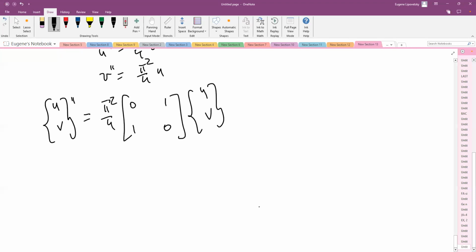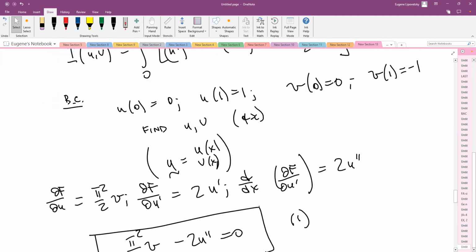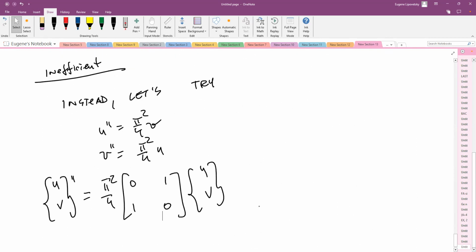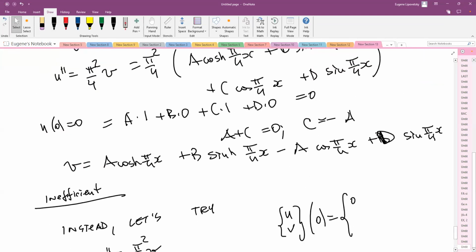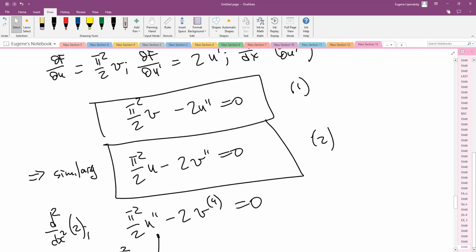It's a second order system. We have the boundary conditions. Let's write them down. The u of 0 equals 0 and u of 1 equals 1. So let's say u and v at 0: u of 0 equals 0, and v of 0 equals also 0.